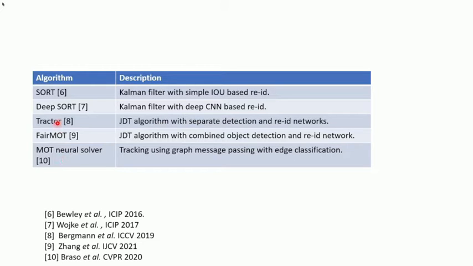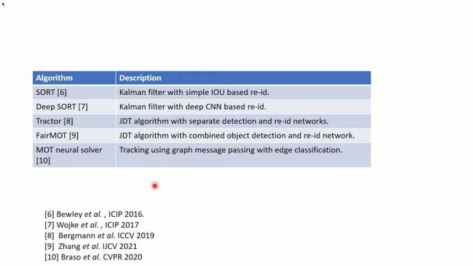Then we test 2 JDT algorithms with different flavors. The Tractor algorithm uses separate detection and re-ID networks, but the FairMOT network combines detection and re-identification. Finally, we test an offline tracking by detection framework, which is MOT Neural Solver. This network performs tracking by converting the whole scene into a graph.